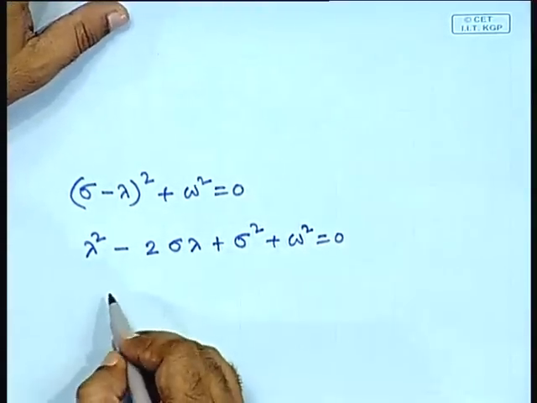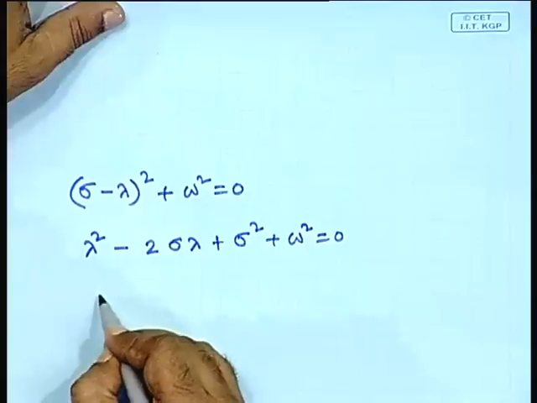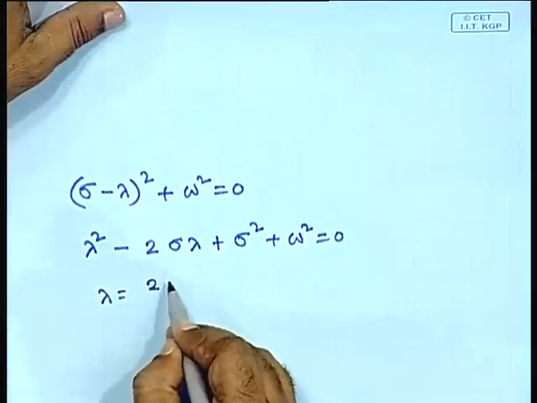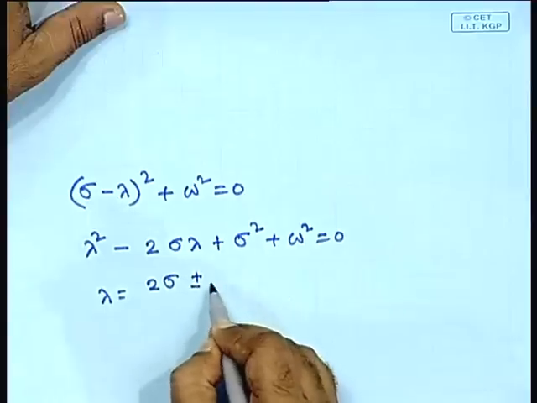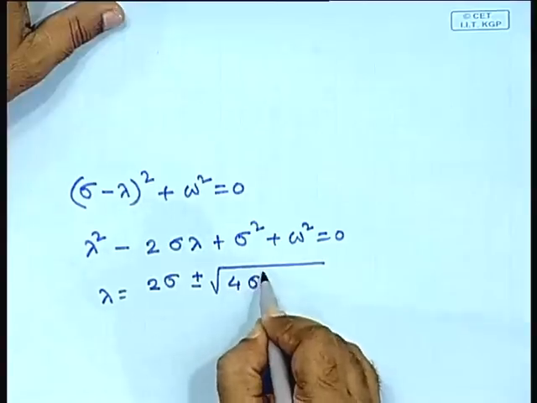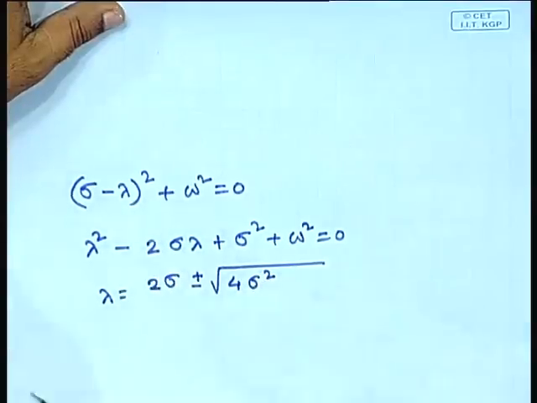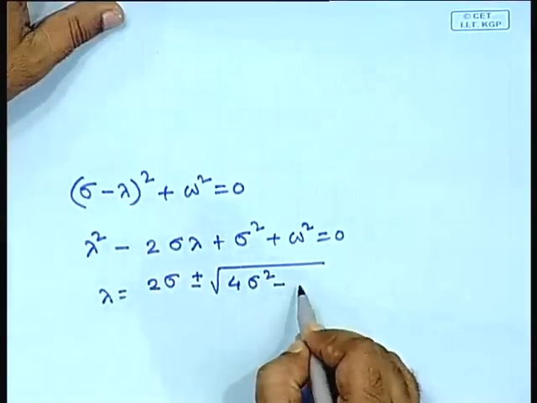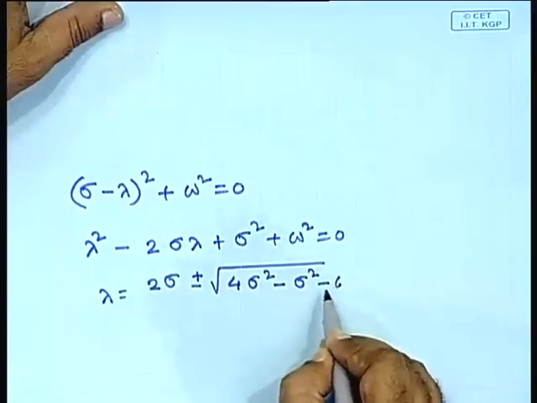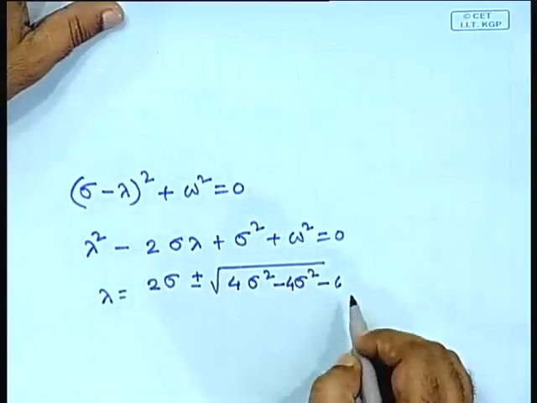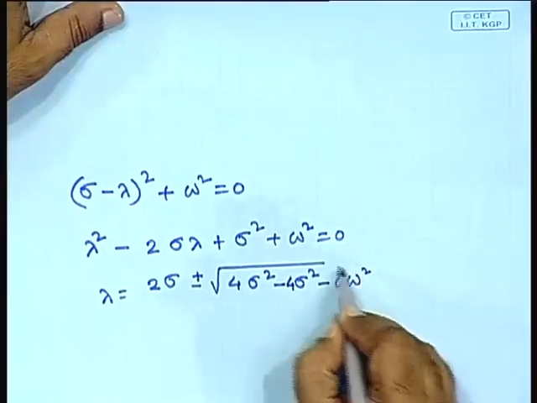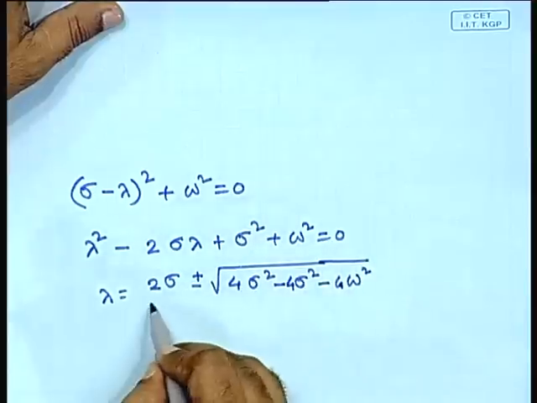Now, you obtain the solution, lambda is equal to twice sigma plus minus root over 4 sigma square minus 4 sigma square minus 4 omega square, by 2.